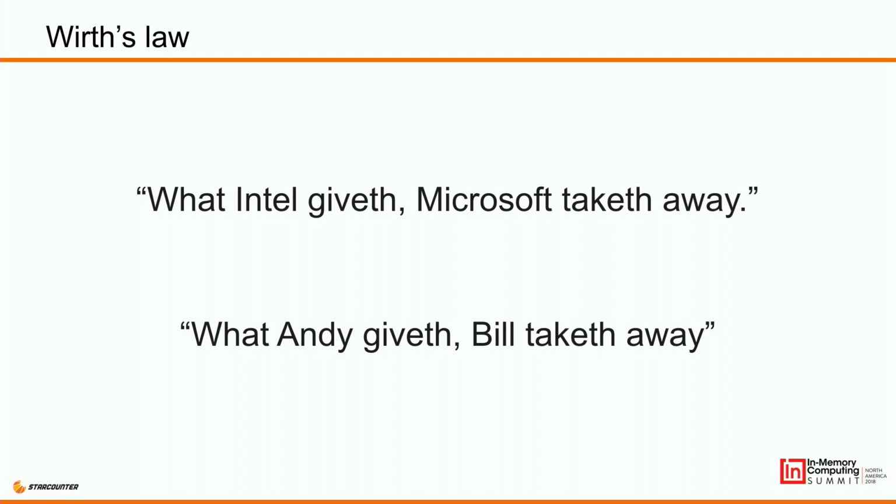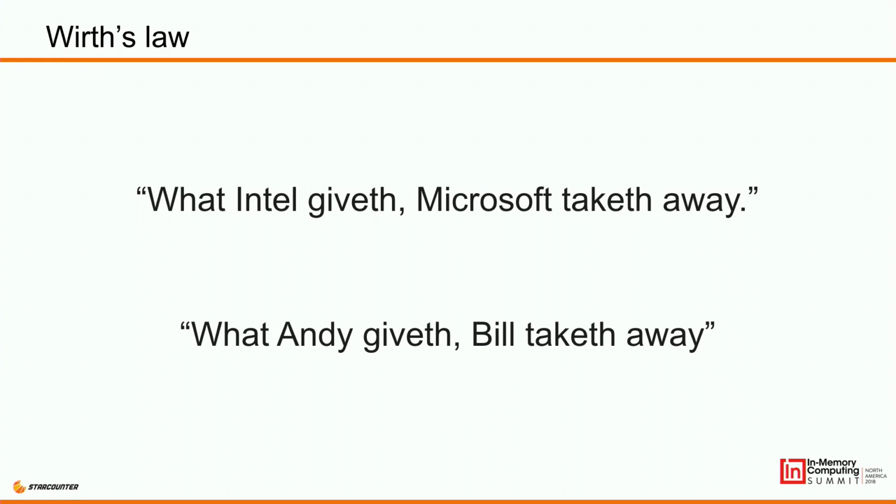It's known as Wirth's Law, Page's Law, Gates' Law, whatever other name you can attach to it. But what I really like are these two forms. The first is: what Intel giveth, Microsoft taketh away, or what Andy giveth, Bill taketh away. And this is a challenge of enterprise software today that we all try to solve. That's why we are here at the In-Memory Computing Summit, because it basically gives us more performance, right?